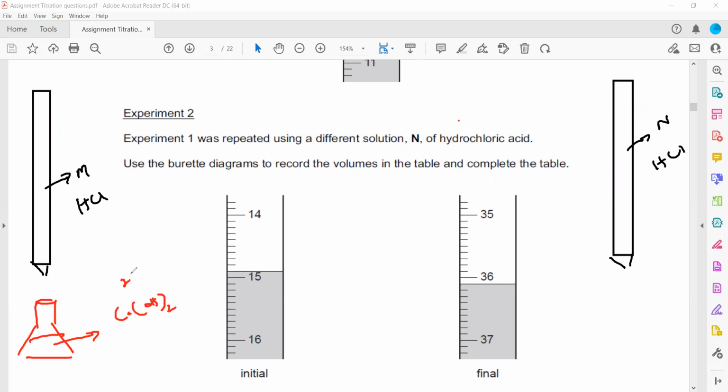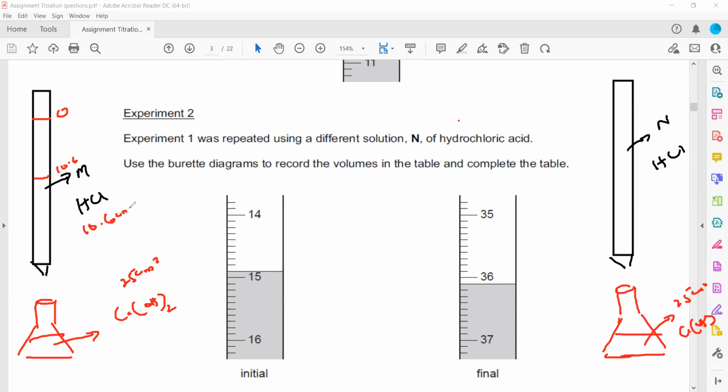And how much calcium hydroxide was there? 25 cm³. Then the experiment was repeated with the same 25 cm³ of calcium hydroxide. When we check the first one, it started at 0 and the reading was 10.6. So how much HCl is needed for the first reaction?